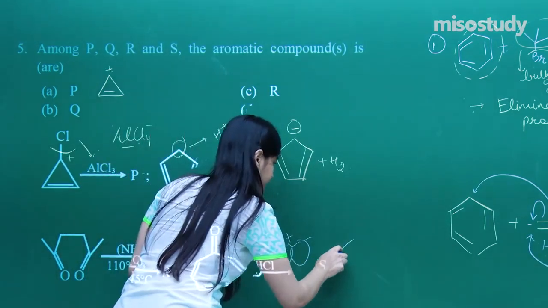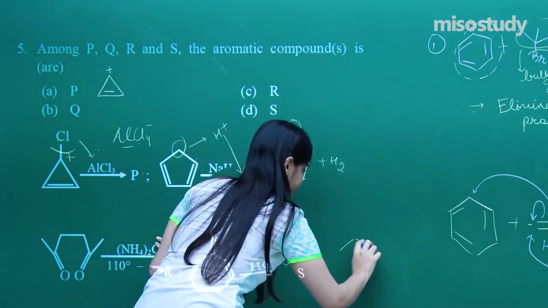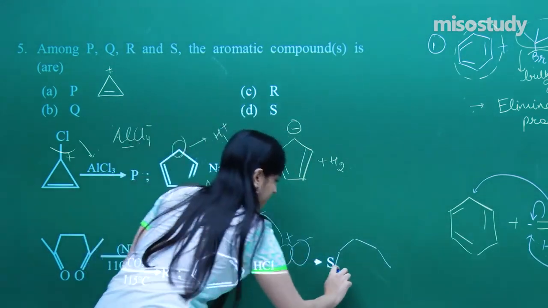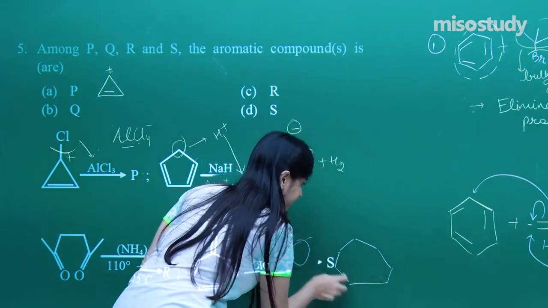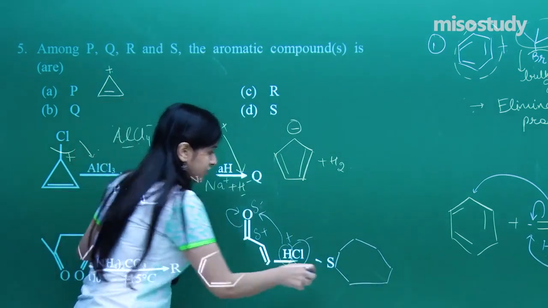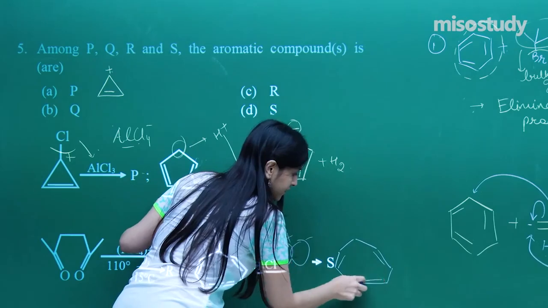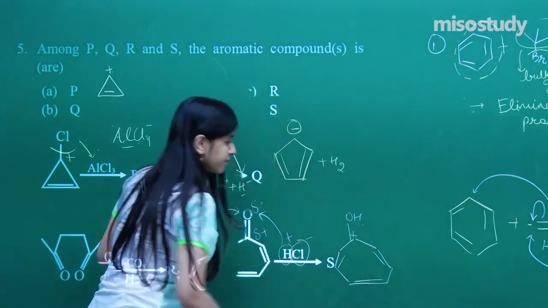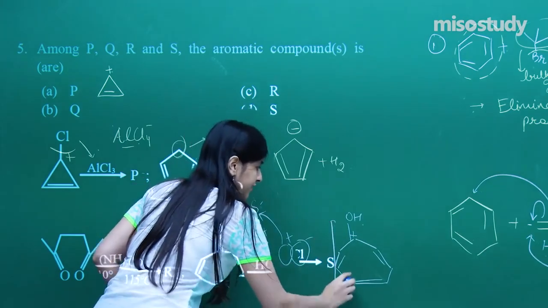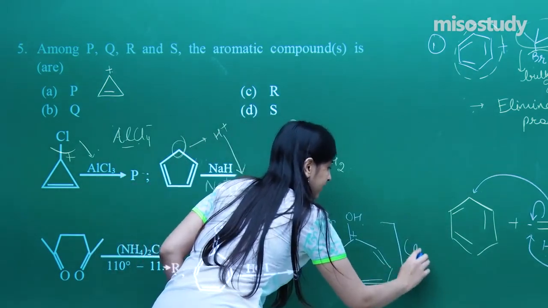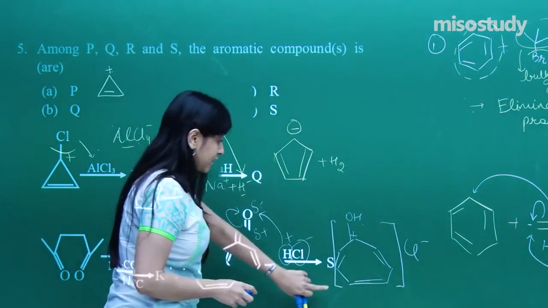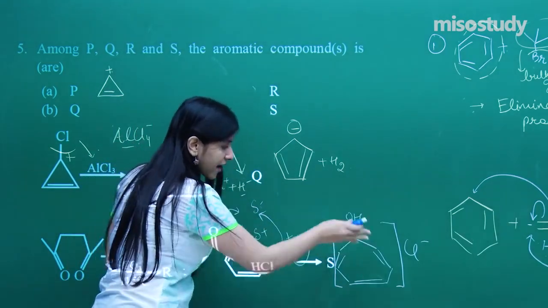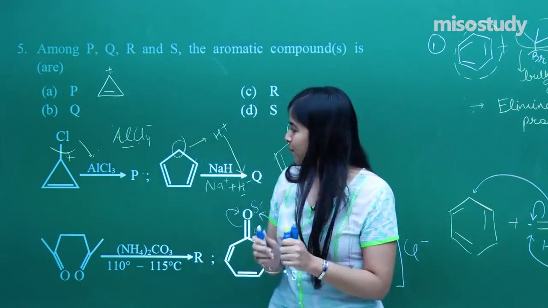So that is what we are having, such kind of a structure, along with what? A positive here and an OH plus a counter ion. What is a counter ion here? Cl negative. That means I am getting this as the intermediate state here.